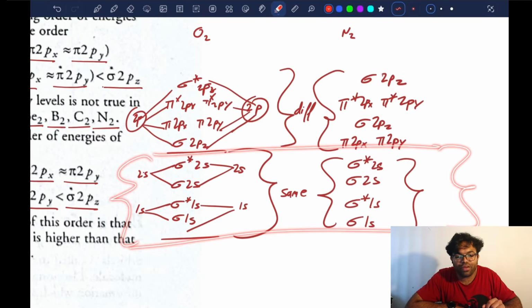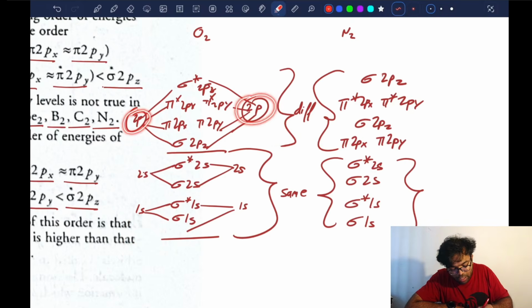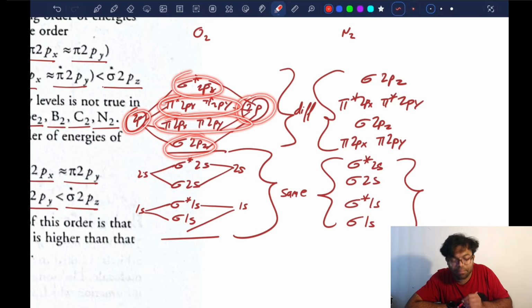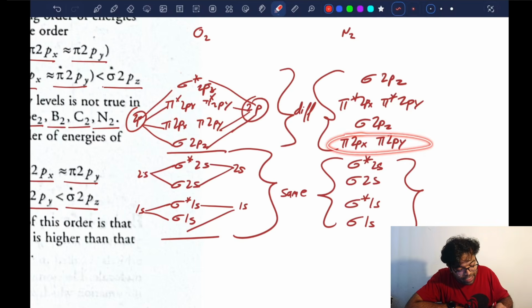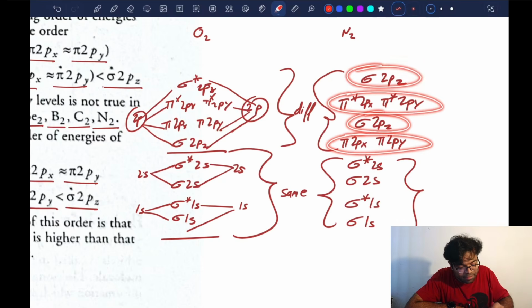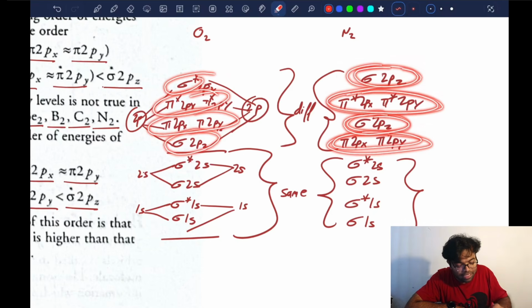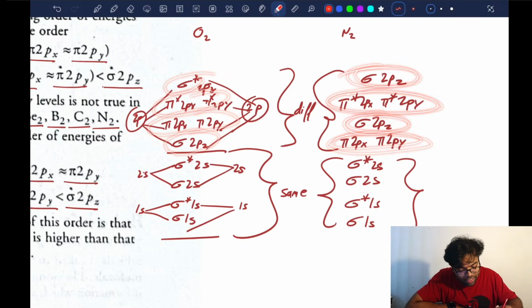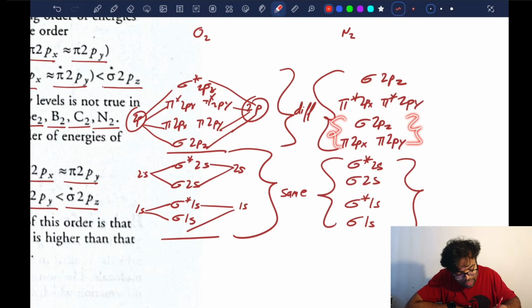The only difference is that in the case of oxygen, for the 2p molecular orbitals, you have sigma pi pi sigma, whereas in the case of nitrogen, you are going to have pi sigma pi sigma. Only these two, do you see? These two's arrangement gets flipped.